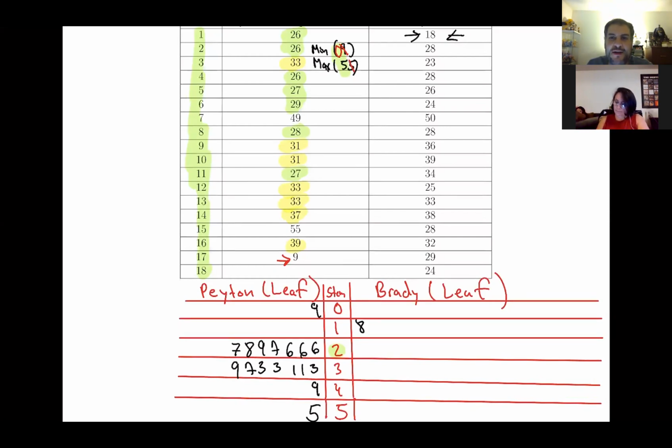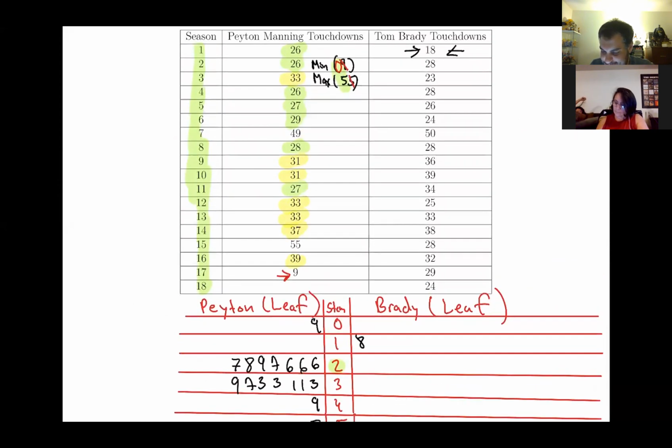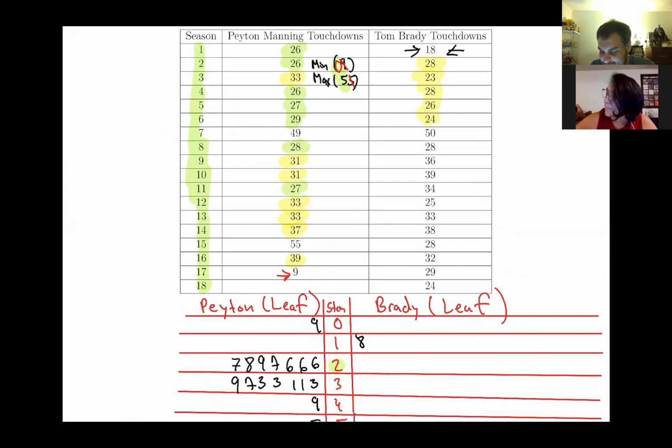So now we want to focus on any 20s. So we want to focus on the seasons that he threw in the 20s. Sorry about that. So we have 28, 20. Oops, 34.